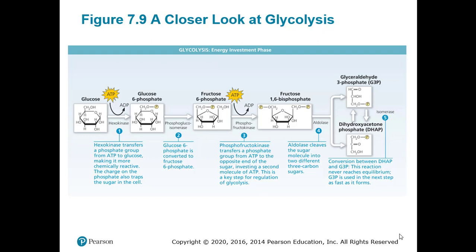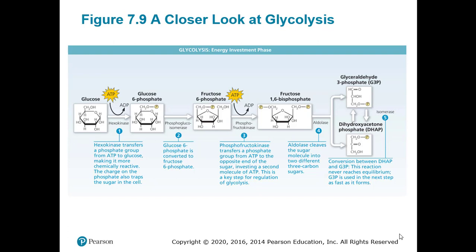So, takeaway points. Glycolysis, energy investment phase. 1 glucose goes through a series of 4 or 5 reactions. We add 2 ATP to start those reactions. At the end of the energy investment phase, you have 2 glyceraldehydes.